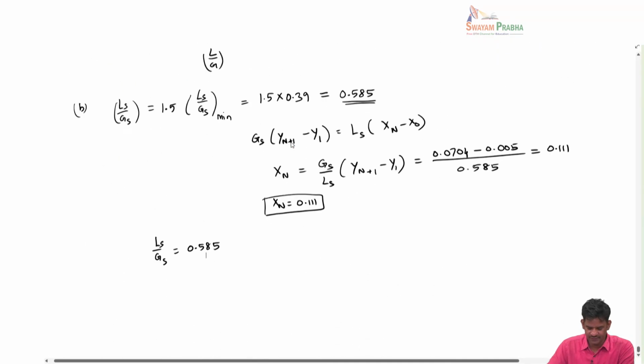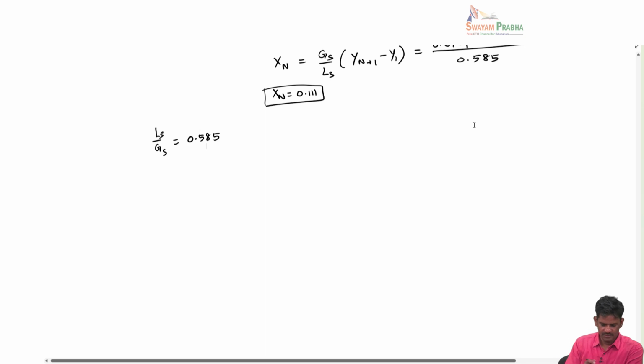First, the volumetric flow rate is 0.4 meter cube per second.